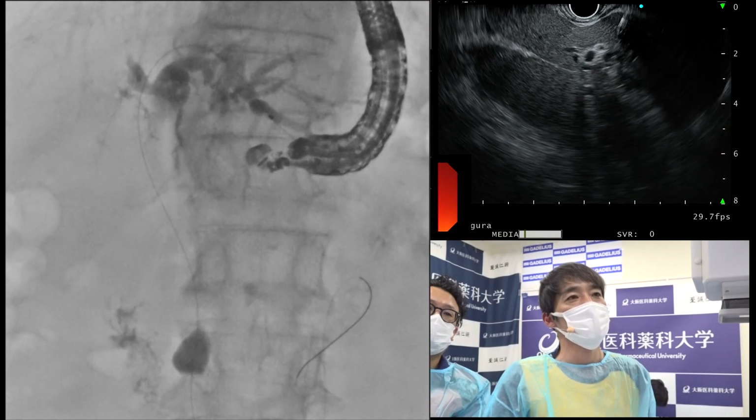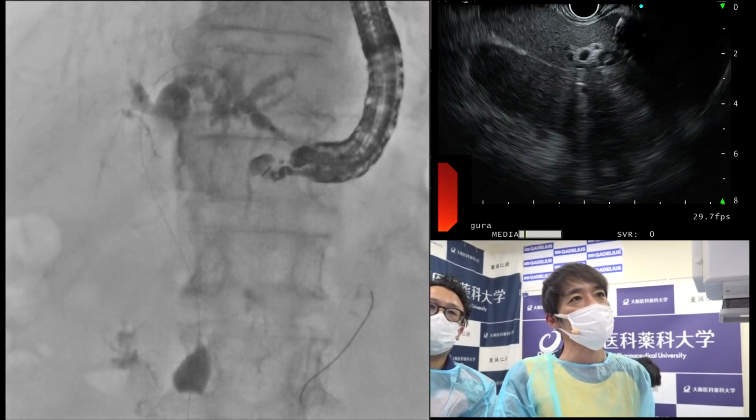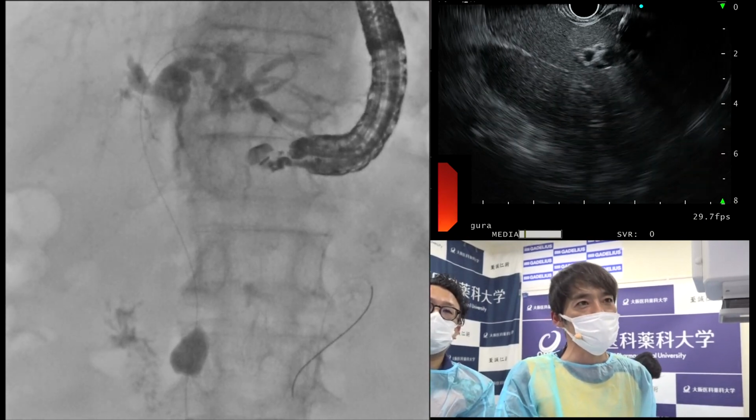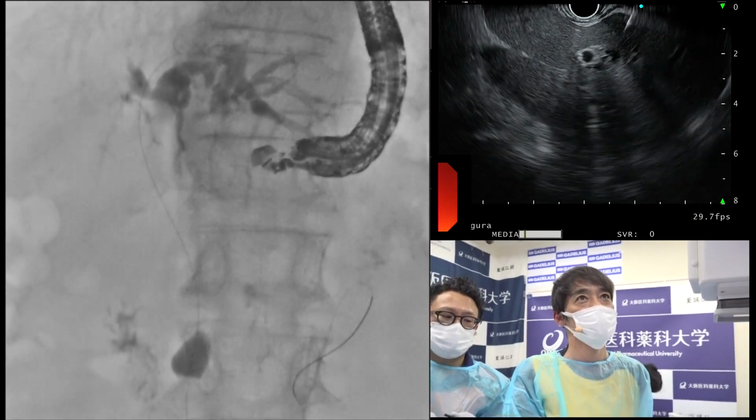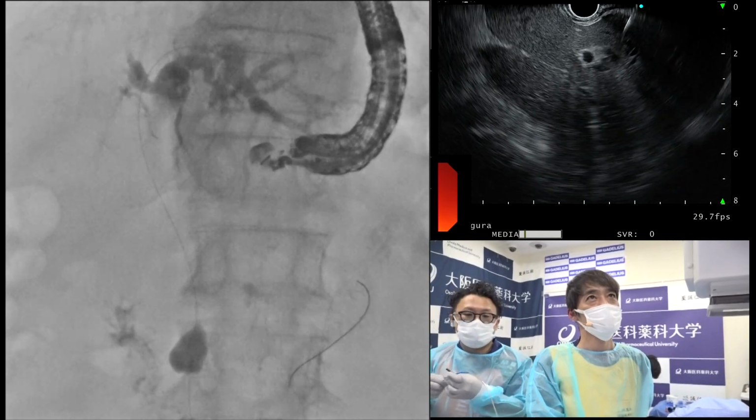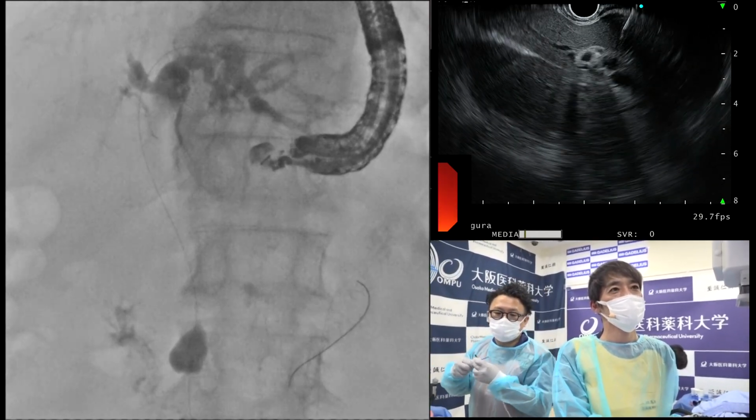So we deploy the uncovered metal stent, 10 mm diameter and 8 mm length. Okay, exchange. That's it.